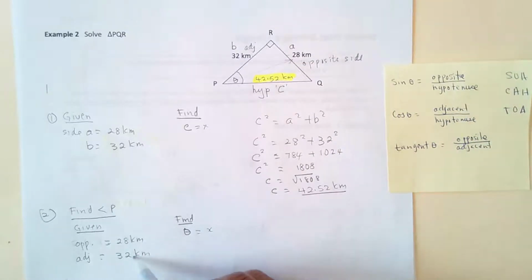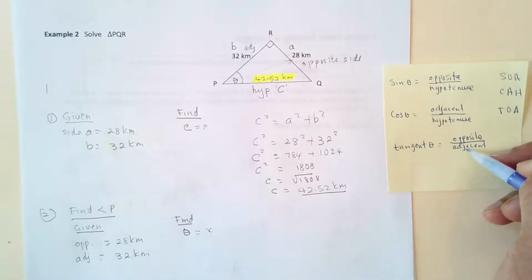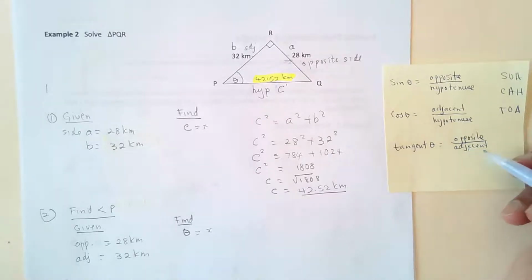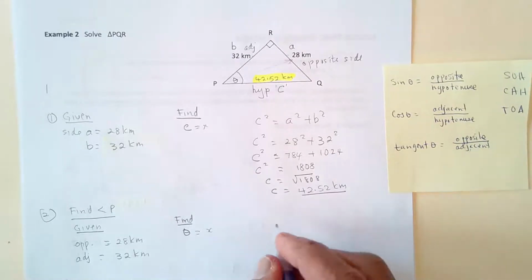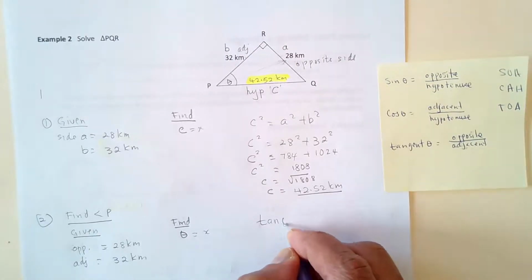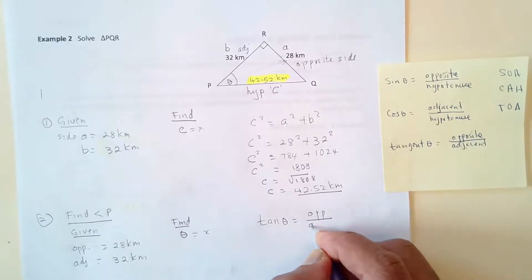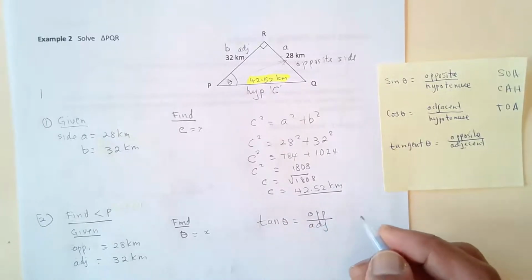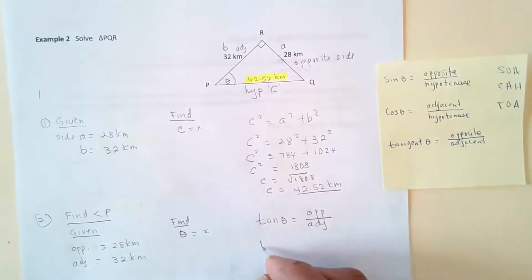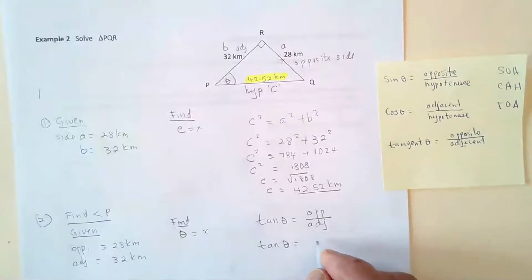So we have opposite and adjacent, and that is tangent. So now we use our tangent ratio here. We have tangent is equal to opposite over adjacent.